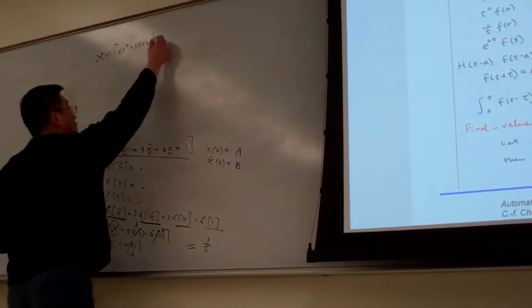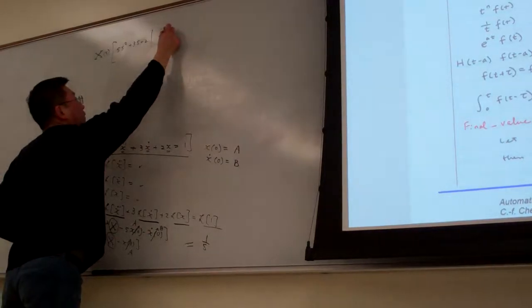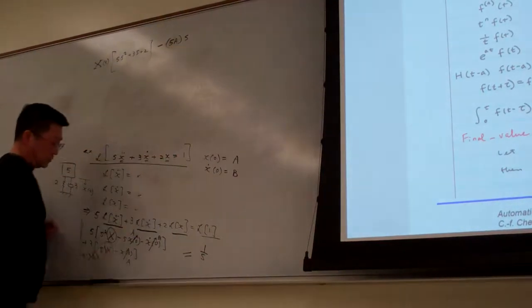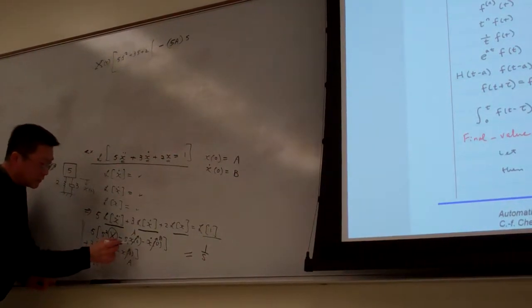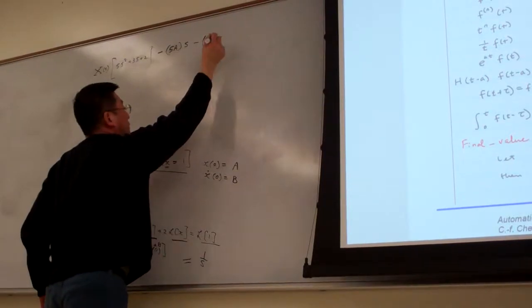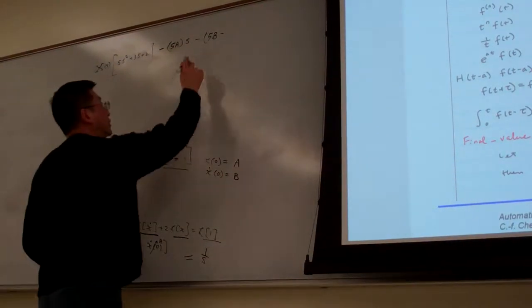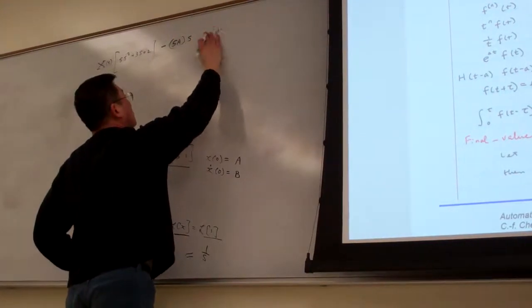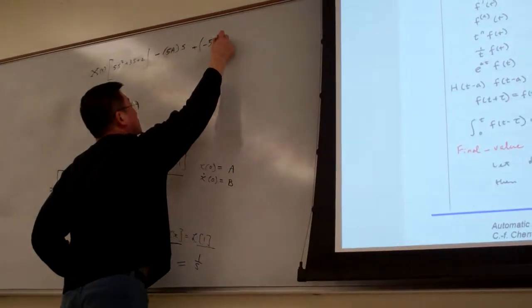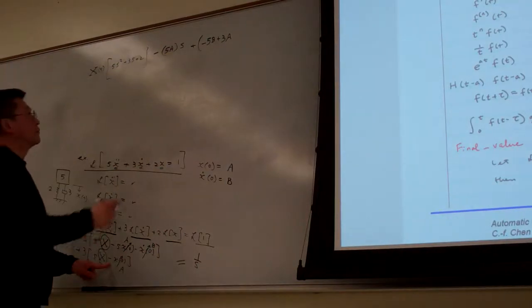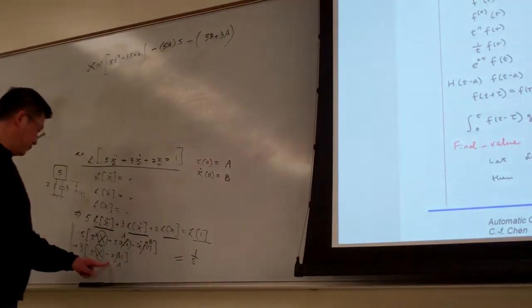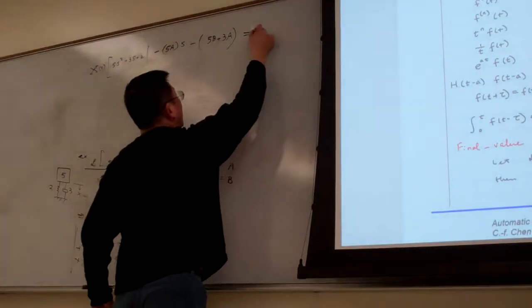So that will be equal to minus 5a times s. Okay, so I have this one done, and then minus 5b minus 3a plus 2a, equal to 1 over s.